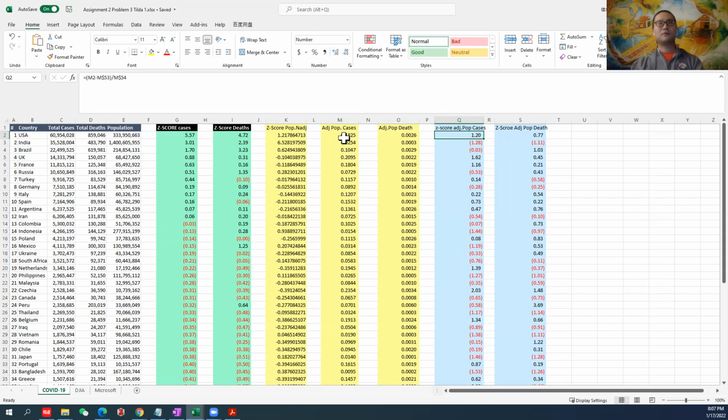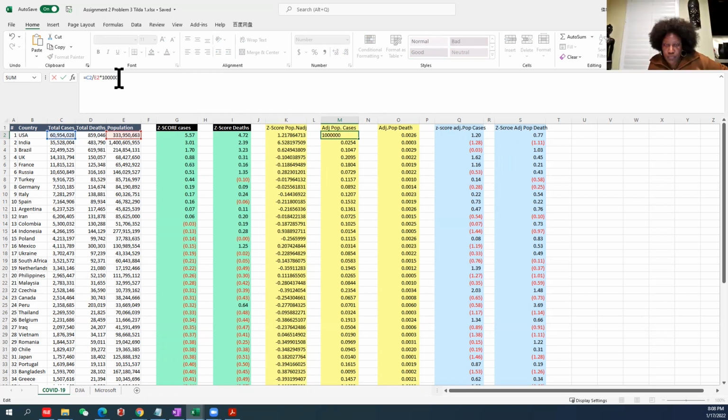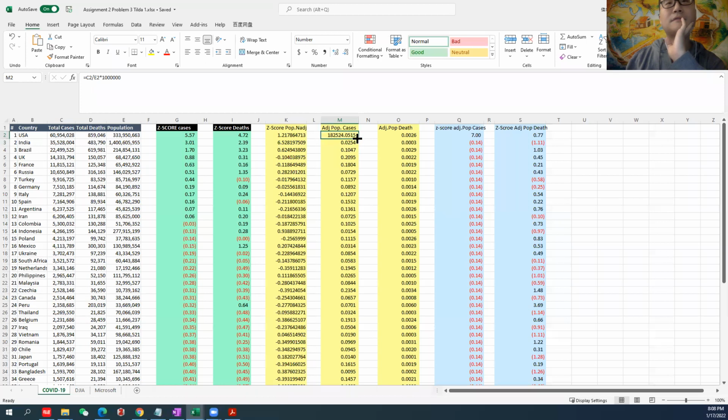For example, I'm changing your definition. If we add 1 million, then I changed the way we adjust the scores, and you find that the values are different.